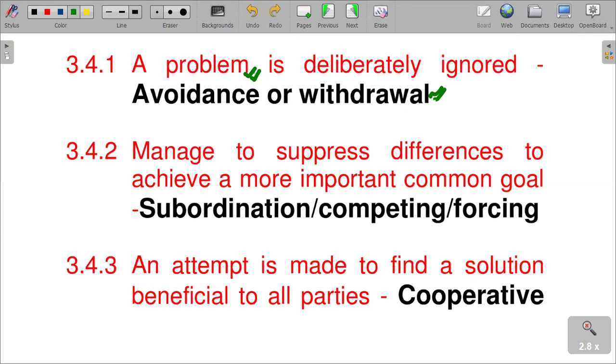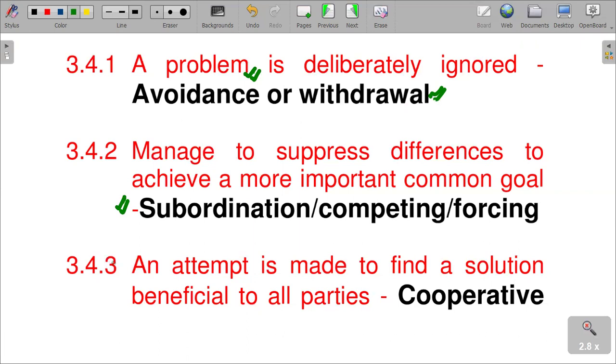So managing to suppress differences to achieve a more important common goal is called subordination. That is also supporting the direction and orders the senior, leader or manager is giving, which can also be defined as forcing or competing.